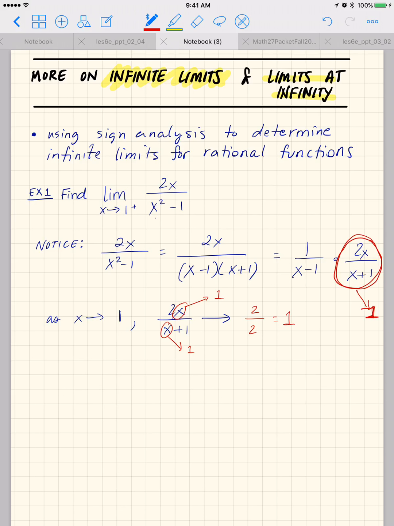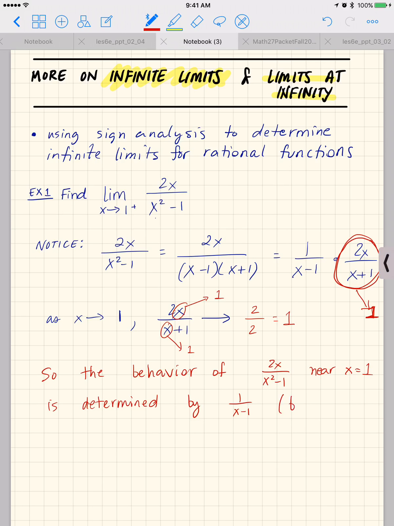So the behavior, let's write this down. The behavior of 2x over x squared minus 1 near x equals 1 is determined by the 1 over x minus 1 part. And this is because 2x divided by x plus 1 is going to go to 1 as x goes to 1.